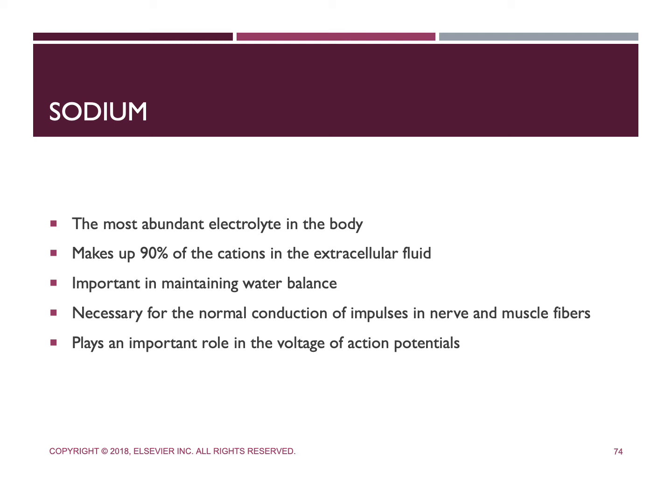It is necessary for the normal conduction of impulses in nerve and muscle fibers, in conjunction with potassium and calcium also. It plays an important role in the voltage of action potentials. Our diet is the primary source of our sodium, and in healthy individuals, excess sodium is excreted in the urine.